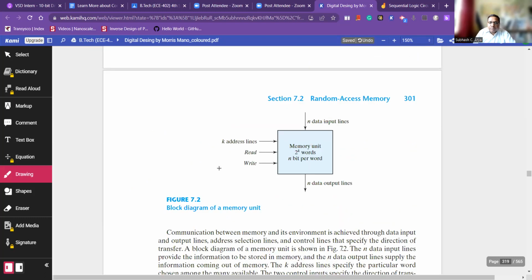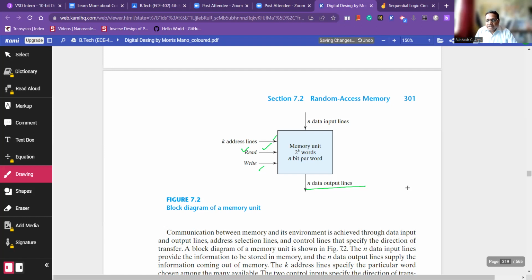Here we can see the block diagram of a memory unit. In this box we have k address lines, a read line, a write line, n data input lines and n data output lines. Reading is an outward operation and writing is an inward operation. When read is enabled, we can get the data at the output lines.